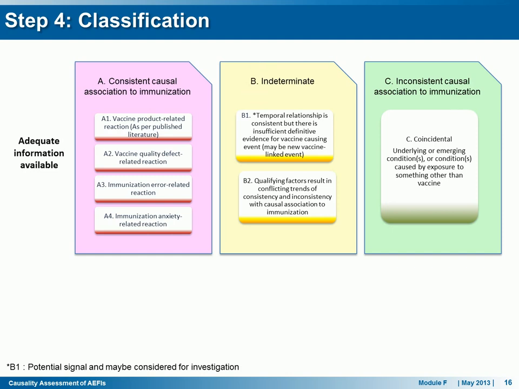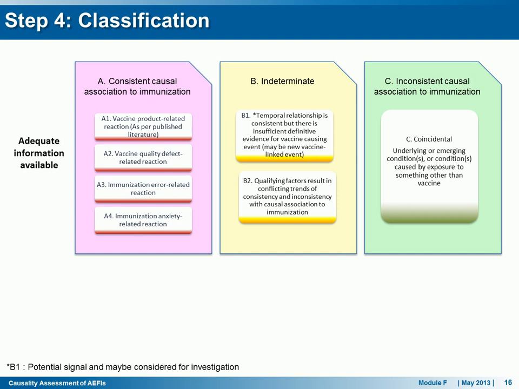Now, this is where the human element comes into the picture in causality assessment. If it is a consistent causal association to immunization, it could be a vaccine product related reaction, or a vaccine quality defect related reaction, or an immunization error related reaction, or an immunization anxiety related reaction.